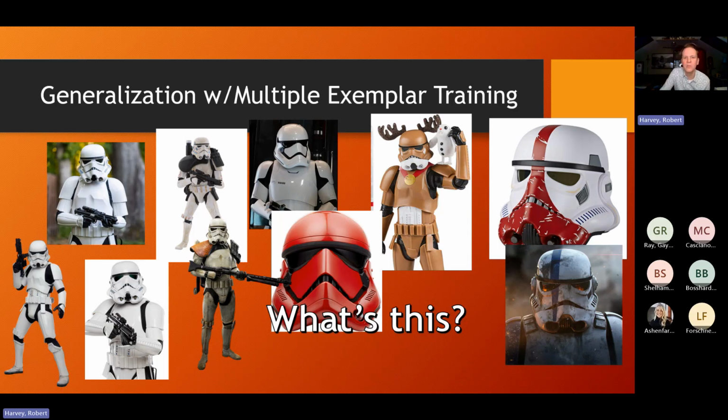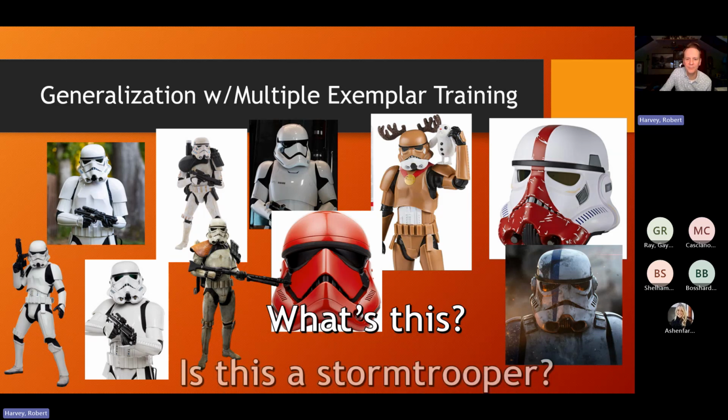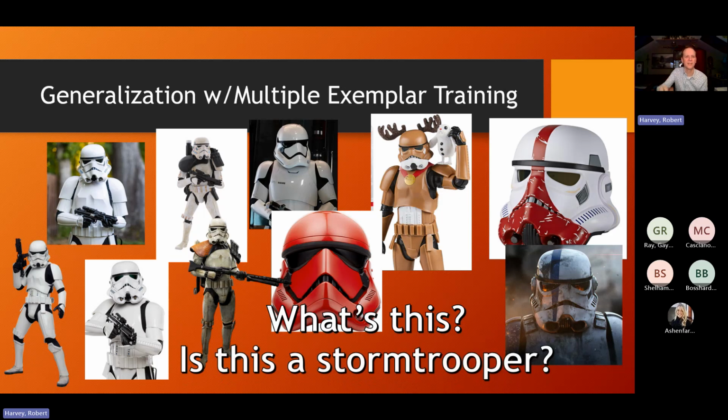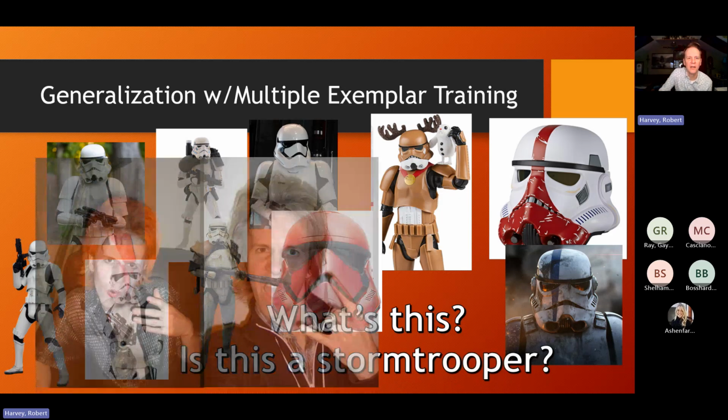But discriminating between cat or dog, red or blue, safe or unsafe, those things are much more important. And just being able to tell one picture is not going to give them a strong generalized concept of that. So what's this? Is this a stormtrooper? And asking kind of on repeat.